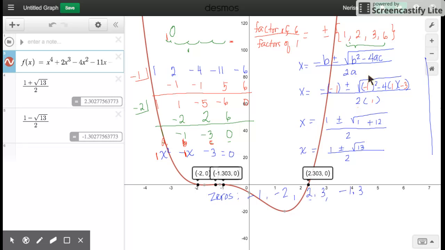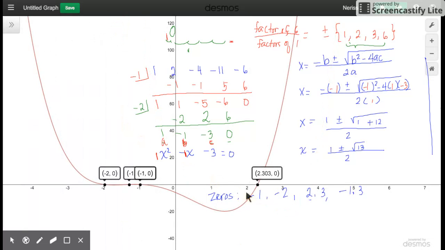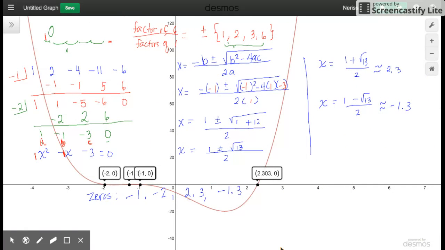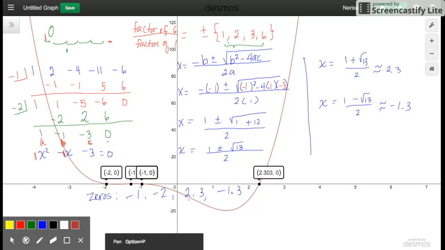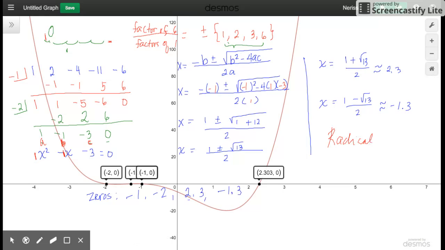However, 2 of them belong to our list of zeros, and the other 2 are not in that list. Now, because they are not rational numbers, because they have square roots, we call them radicals. So these 2 zeros are radical zeros. These are radical numbers because they have square roots.